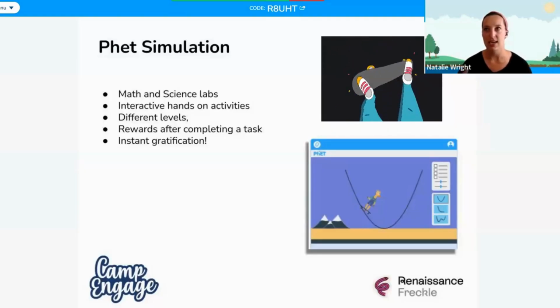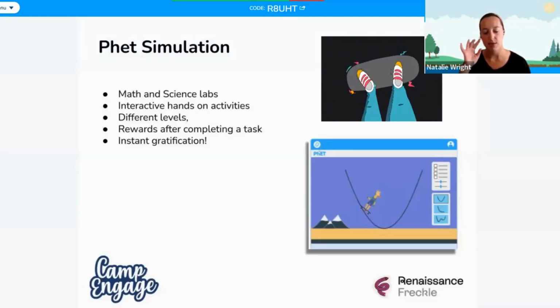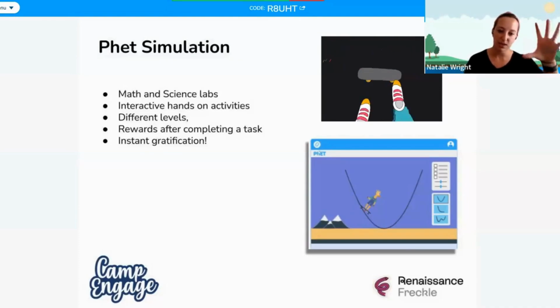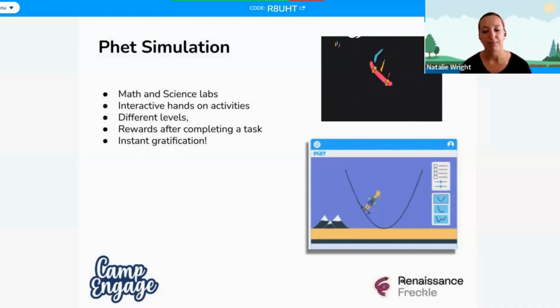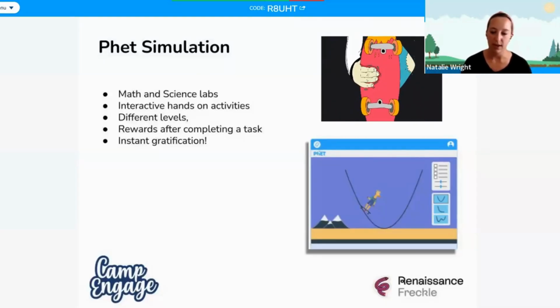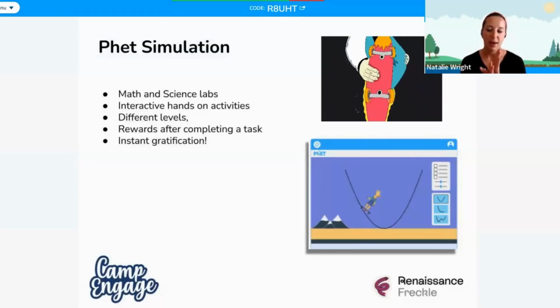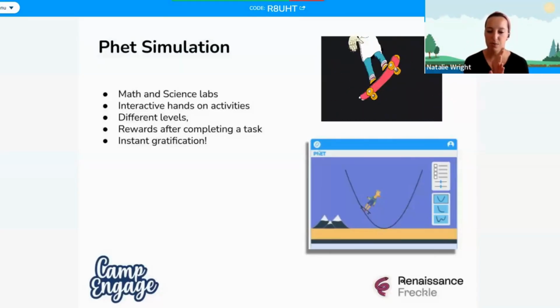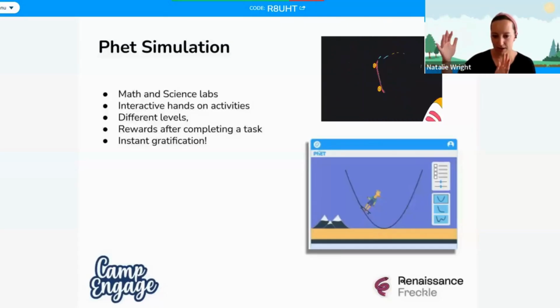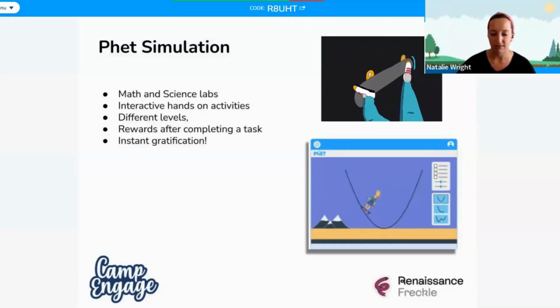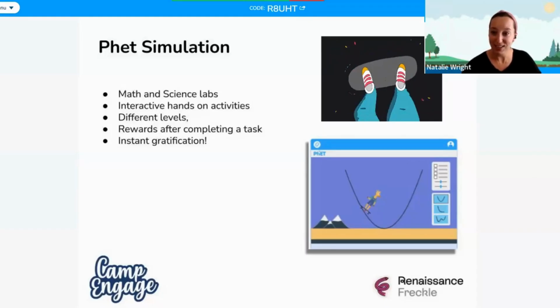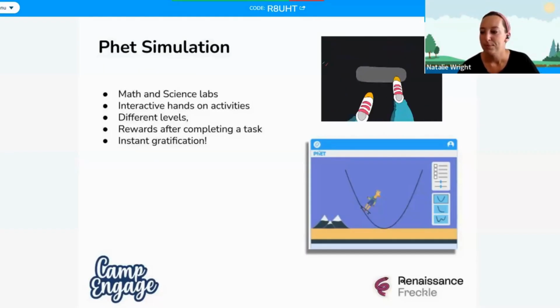It's rewarding to see someone in the math ones, you hear like a ding, yes, I got it right. You get a star if you get it right. And here you can see with our skateboarder, oh, I got it to work. If I set the friction so far to the right, he was able to fly off the ramp. I don't know. It's fun. It's fun for students to test it out.